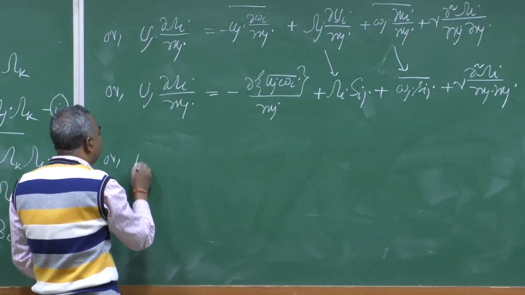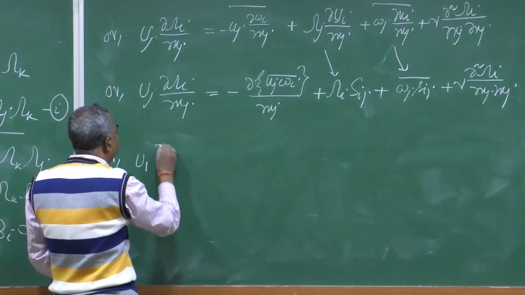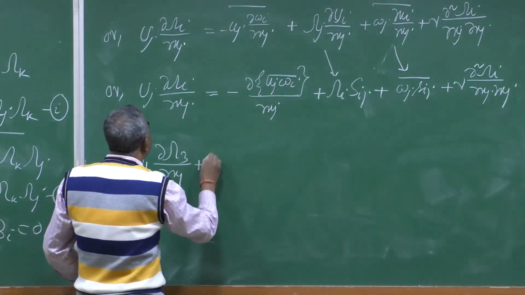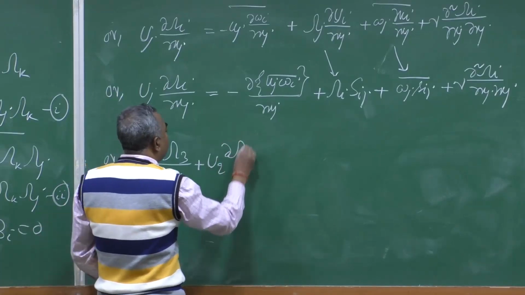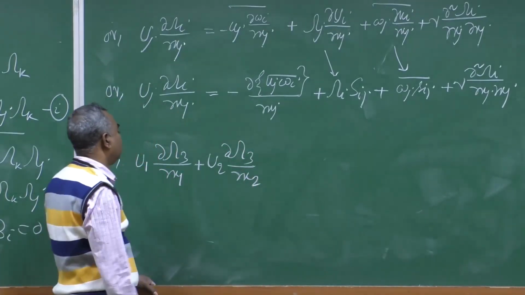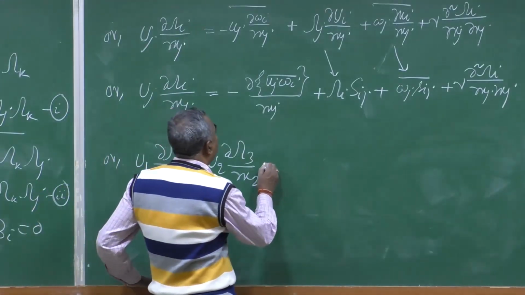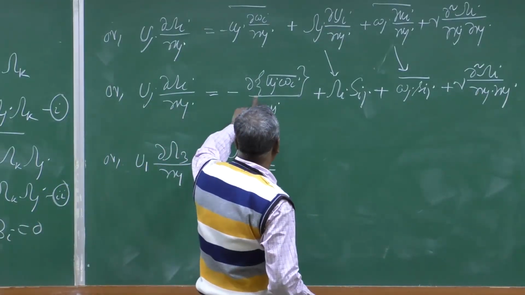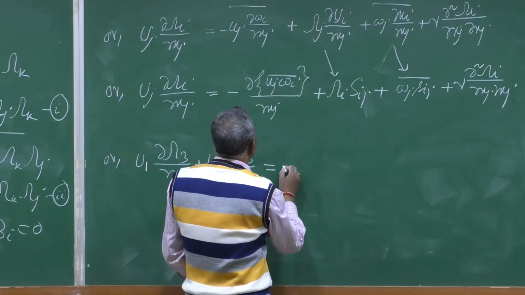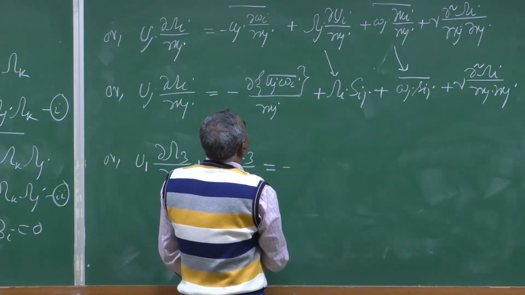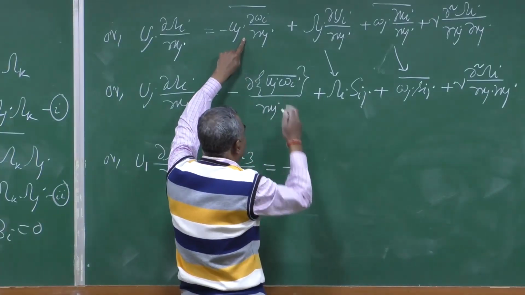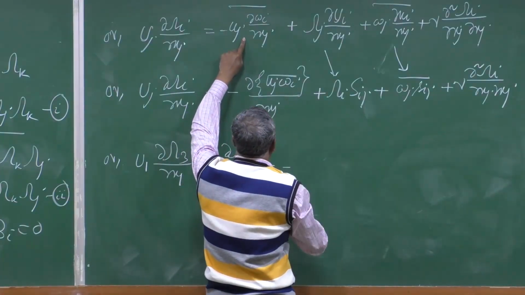So, in that particular case you are going to get u1 del x1 and u2 del x2, okay. And here your I is equal to 3, right.